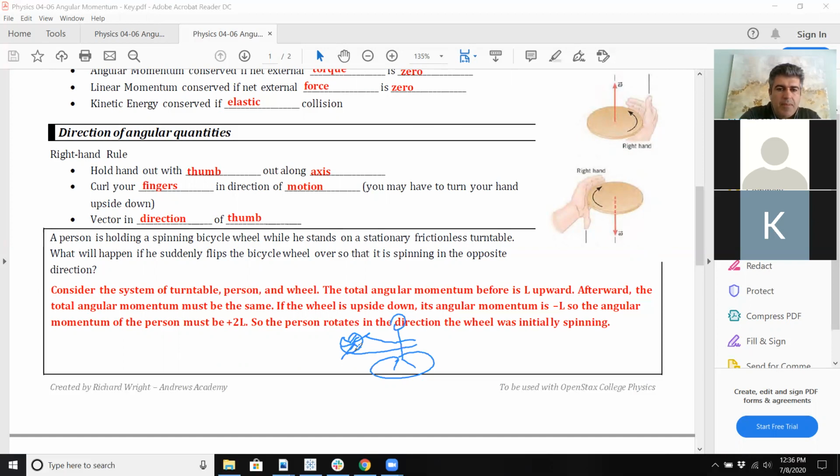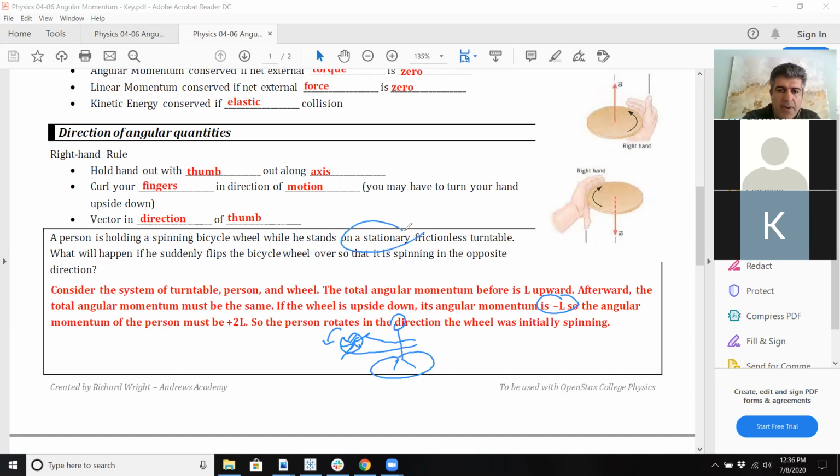Then if he flips it over, so it's now spinning in the opposite direction. So say it's going like this, and then he turns it around, so now it's spinning the other way. That will cause the momentum to change direction, but now the person will rotate as a result.